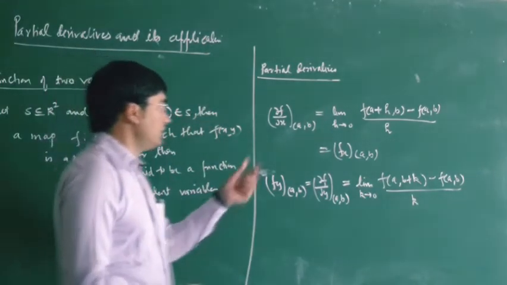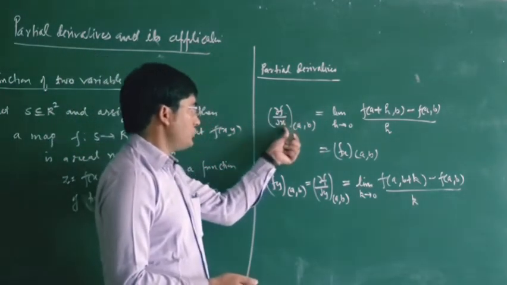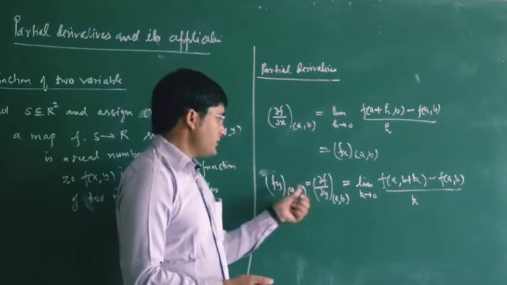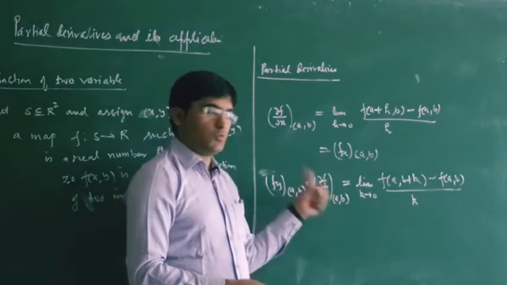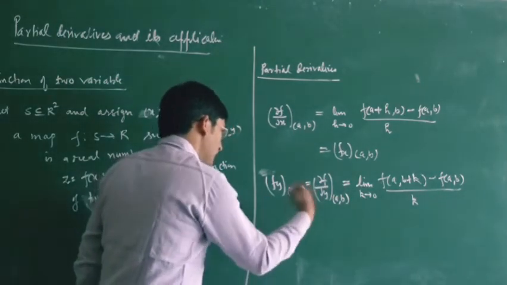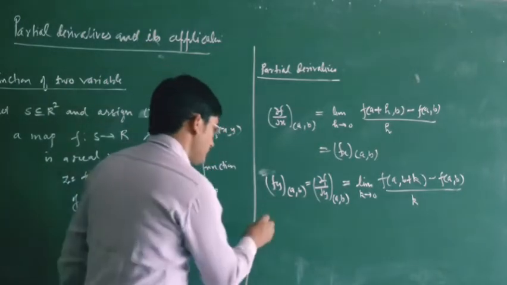So this is your partial derivative of f with respect to x, and this is your partial derivative of f with respect to y. And similarly we can define the higher order derivatives.